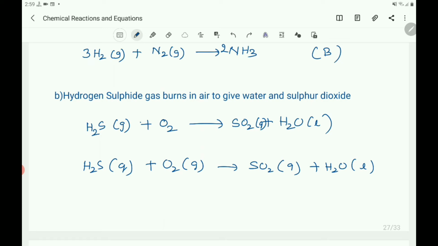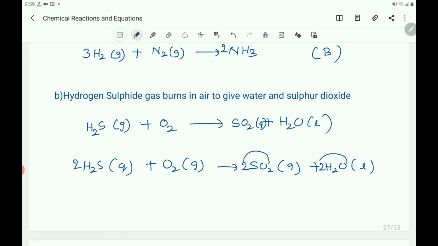So to balance it, you take 2H2S, then you will get 2O and O2, 4 you will get. But here 2S you got, means you take 2SO2. Now you balance oxygen atoms.